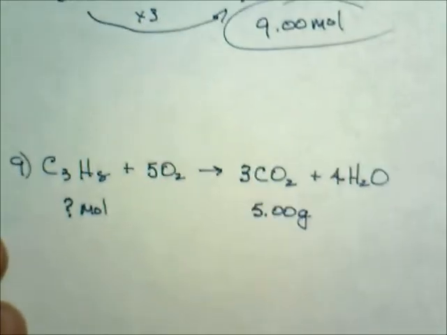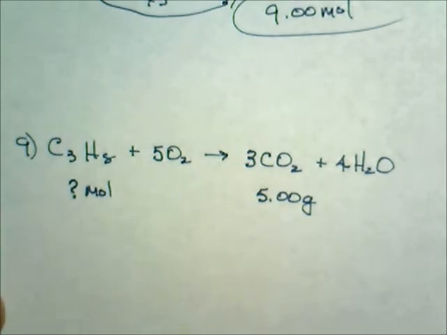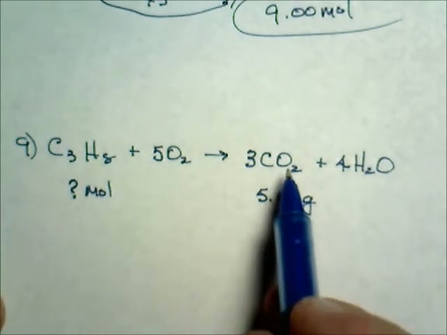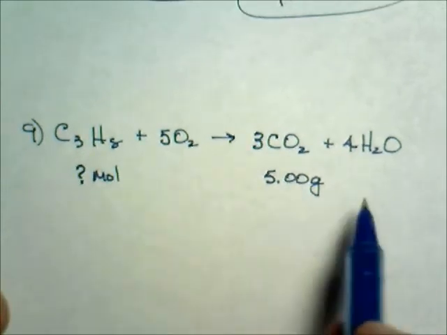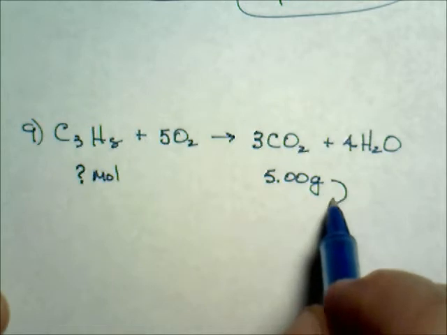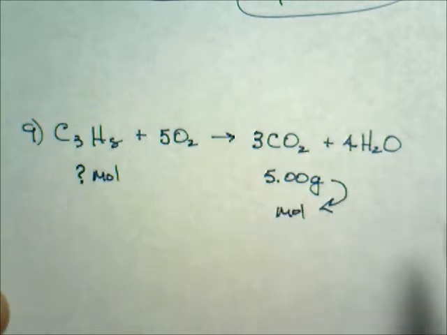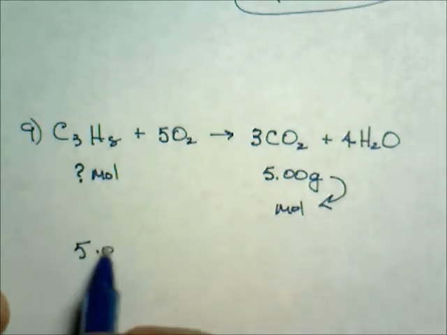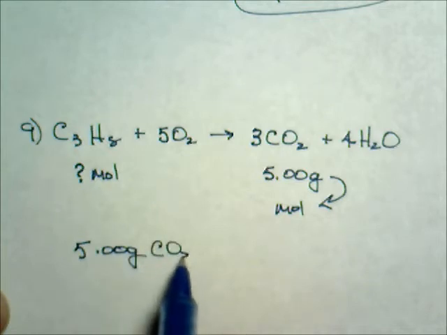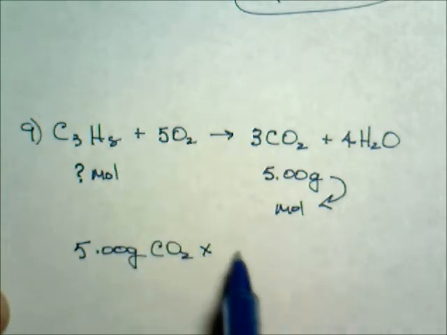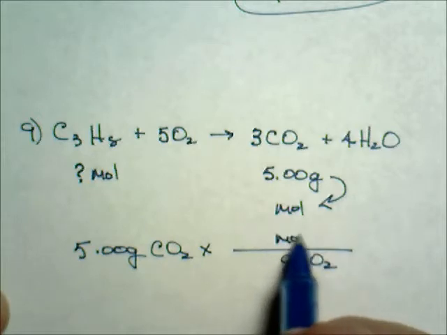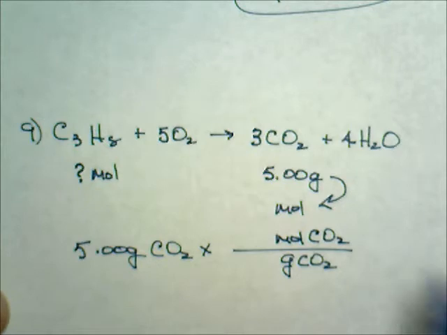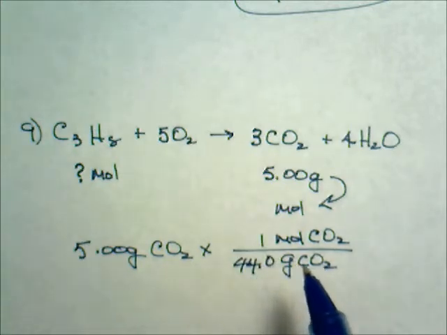Then if we look at number 9, we notice that we're given 5 grams of carbon dioxide and we're looking for moles of propane. So what we want to do is to convert to moles. We've got 5 grams of carbon dioxide multiplied by a conversion factor to go from grams of CO2 to moles of CO2. 1 mole of carbon dioxide weighs 44 grams.